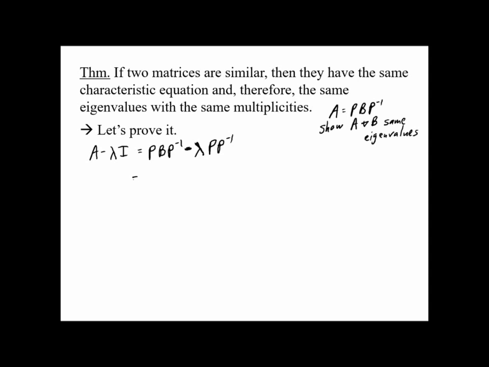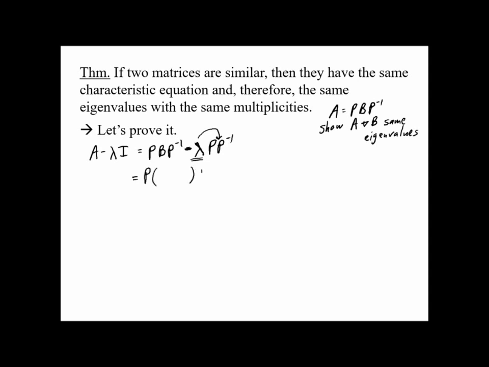Now keep in mind, this lambda is just a number. It is not a matrix. Because it's a scalar, we can move it around as much as we want. I could stick it in the middle there if I really wanted to.